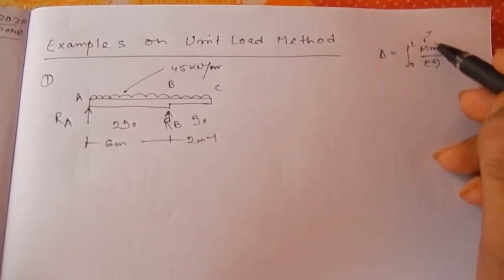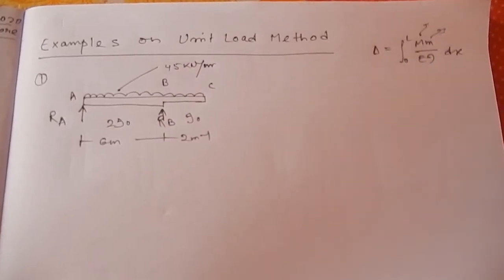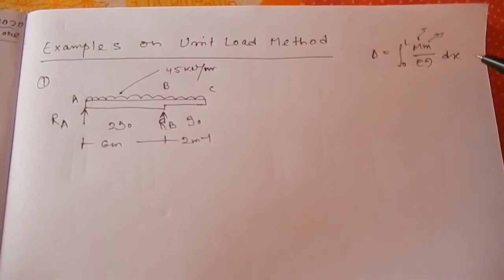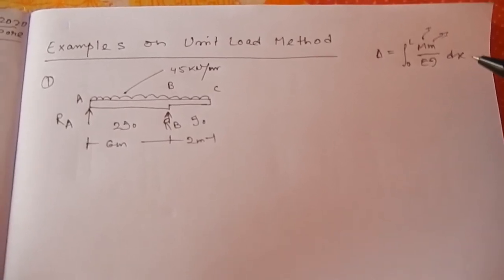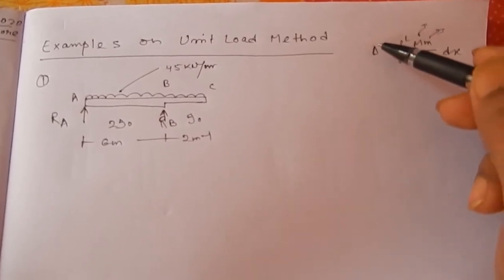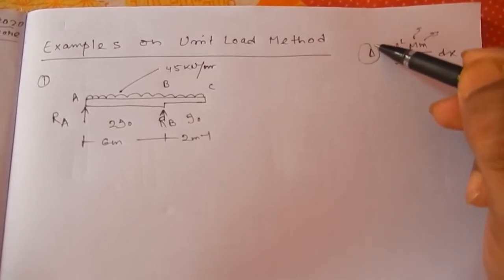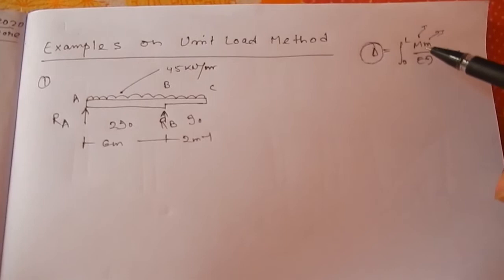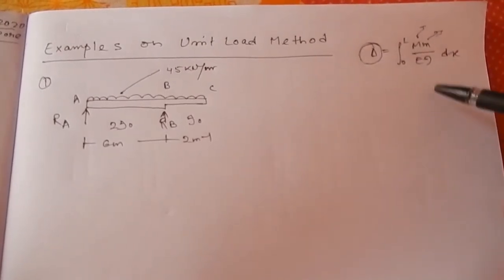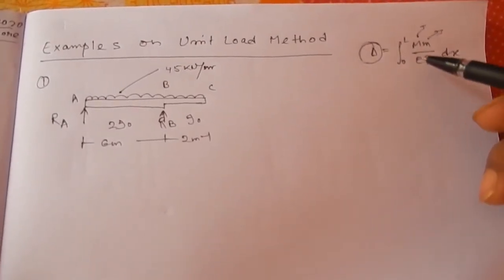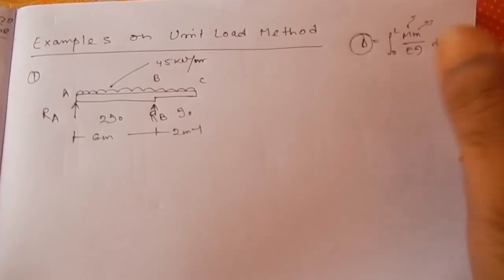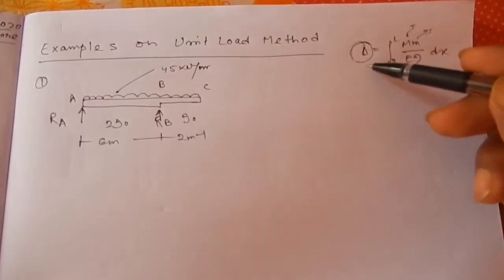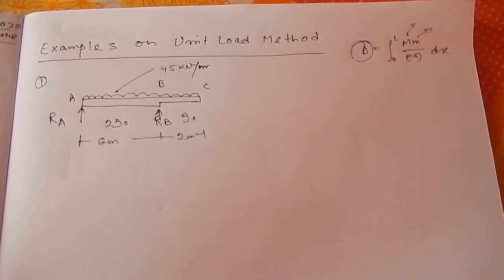And small m is the moment created by the unit load, which we have to apply at the point at which we need to find out the deflection. So capital M, small m, EI are known, and we have to integrate throughout the length of the beam. Then we will get the actual deflection at that point, right?